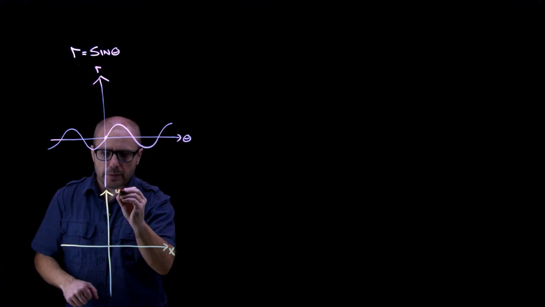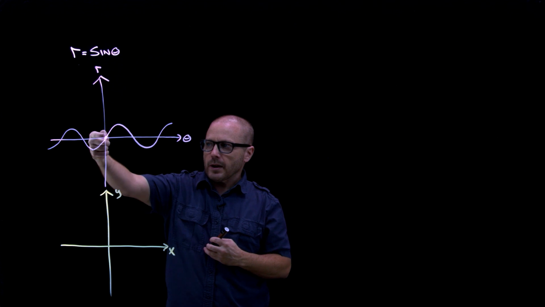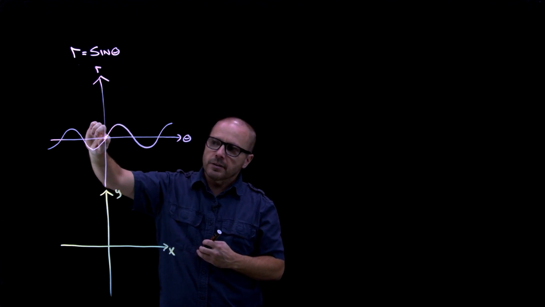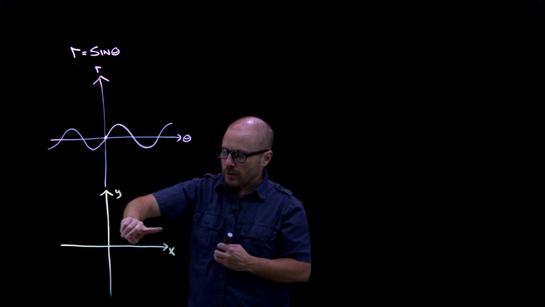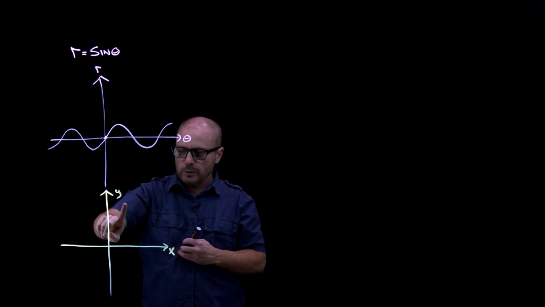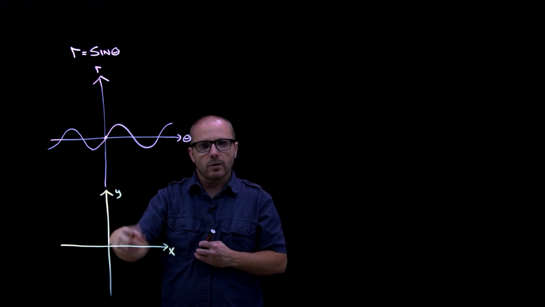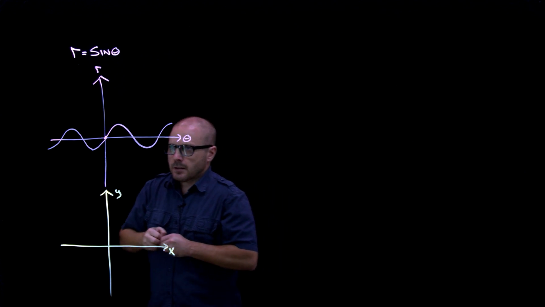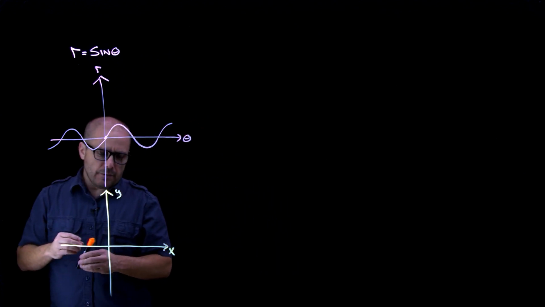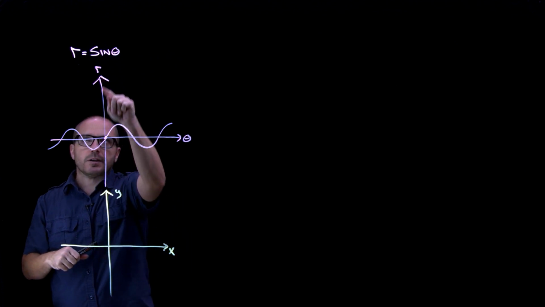in the xy plane. Let's look at this graph as we move left to right. As we move left to right, we're getting bigger and bigger theta, which in the polar plane means rotating around counterclockwise. We start off facing this way, a theta of 0, and at that point r is 0.